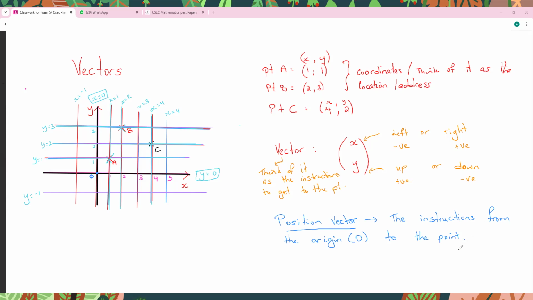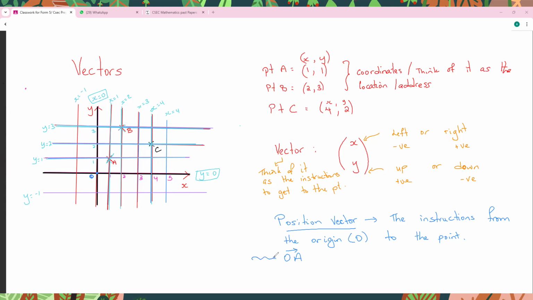So let's say they asked you, what is the position vector of A? Now, the position vector always gives the instruction from the origin. So you are giving me the instructions from O to A. And it's written like this, right?